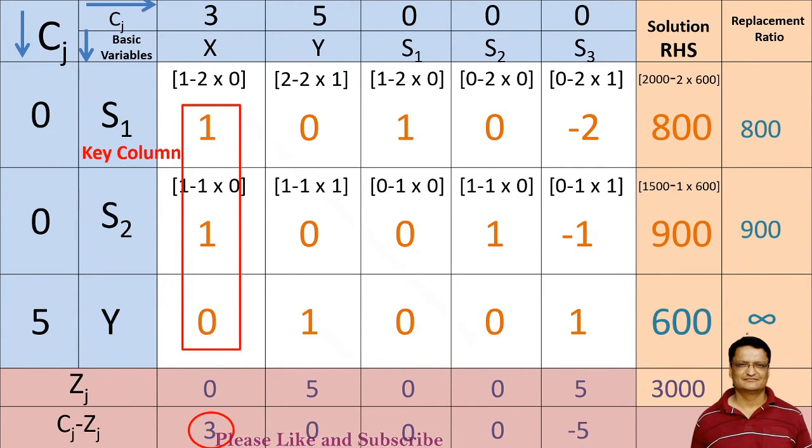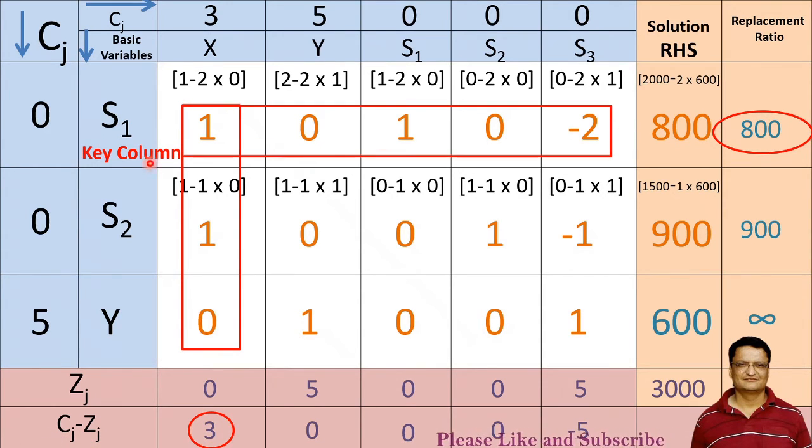Now if you remember, we decided that we have to select the minimum value of this replacement ratio, and that decides the departing variable. So this S1 is now the departing variable.